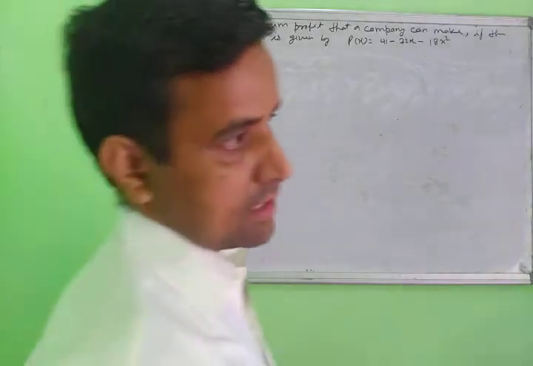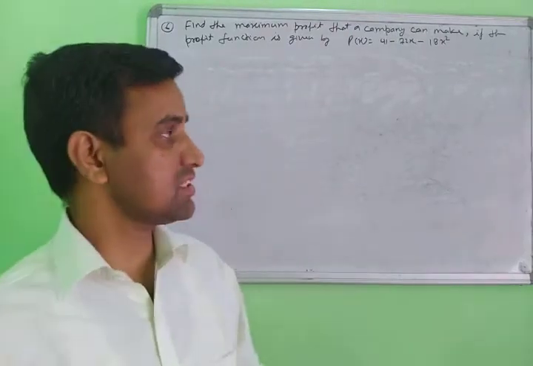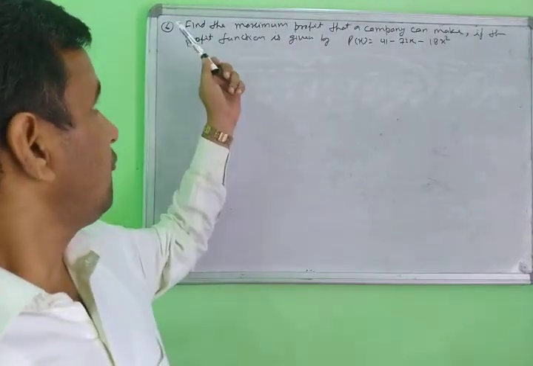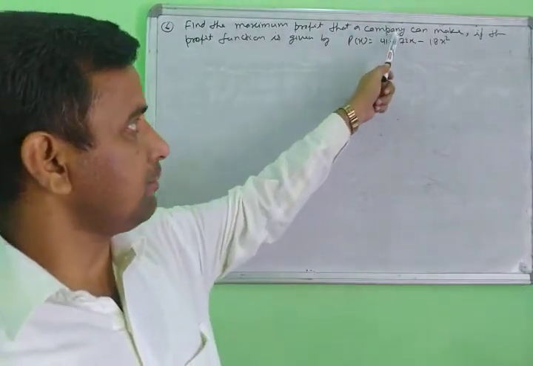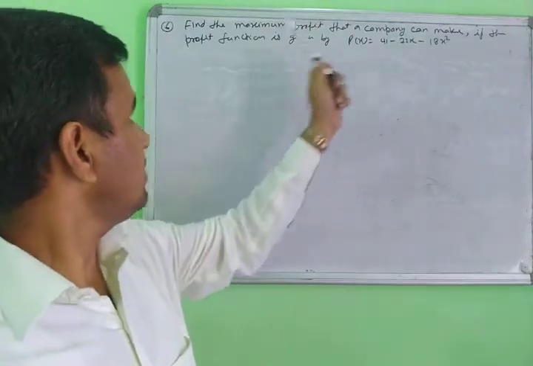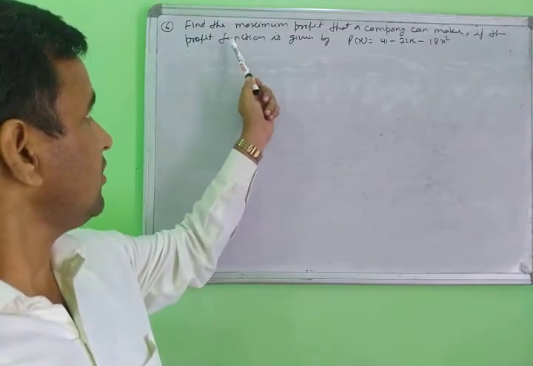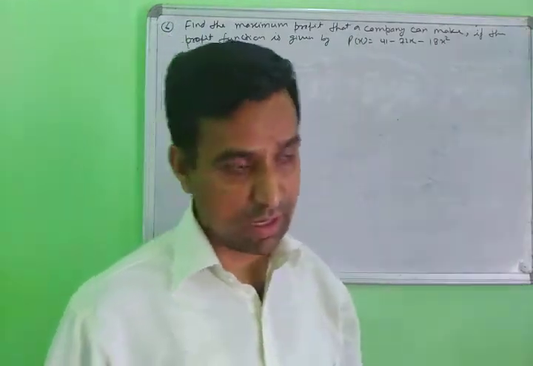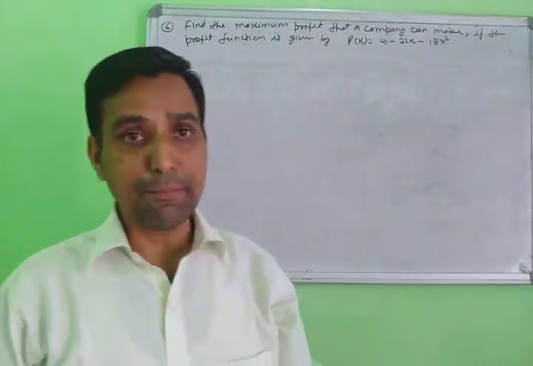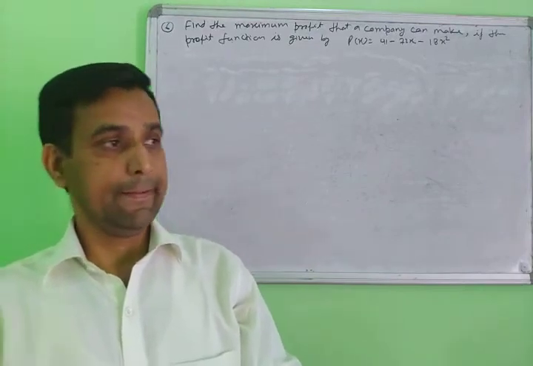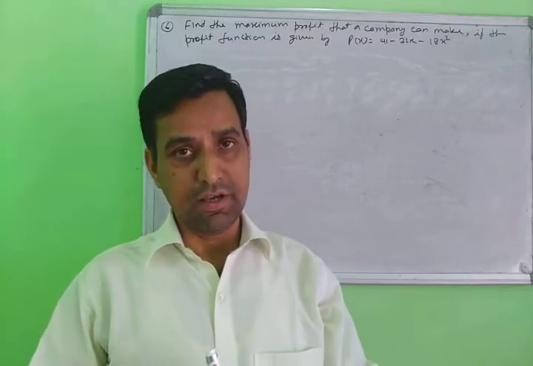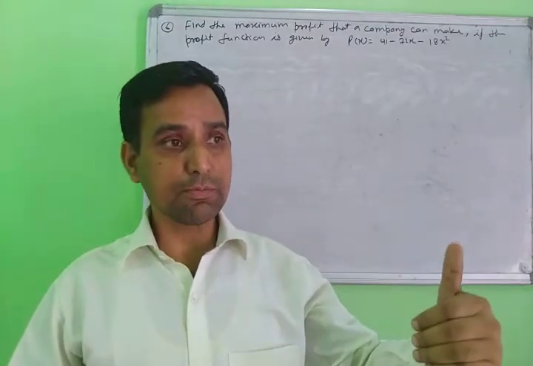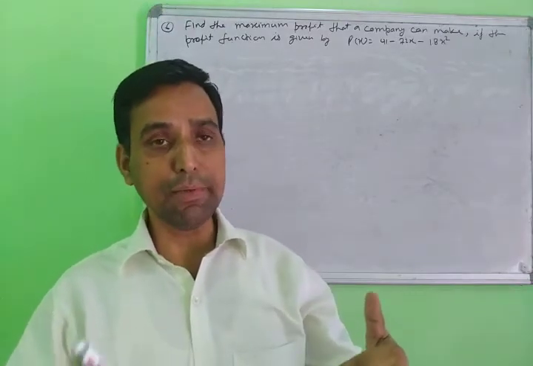Yes students, next question I am taking question number 6, same exercise. Find the maximum profit the company can make if the profit function is given by this. Now you will find the maximum profit of the company. How to check whether the company is getting maximum or minimum profit?